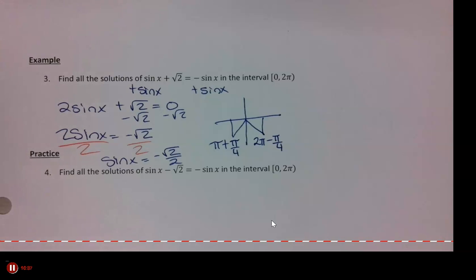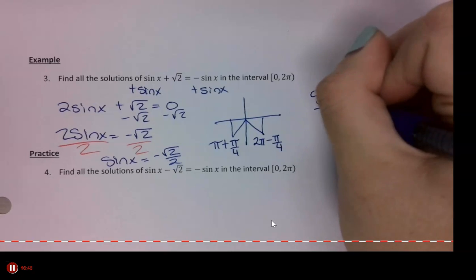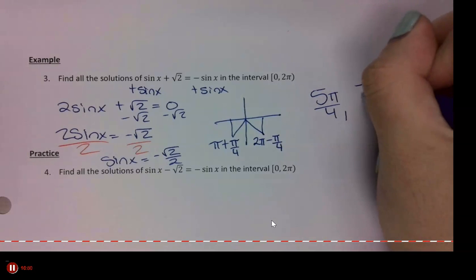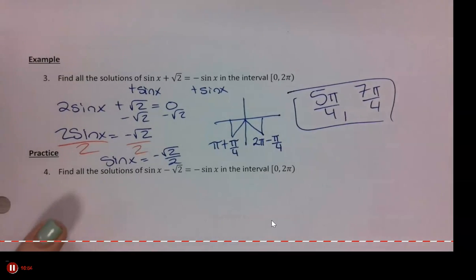So what two angles do I get? On this one, I don't have to do the plus 2 pi n part because it gives me a specific interval I care about.